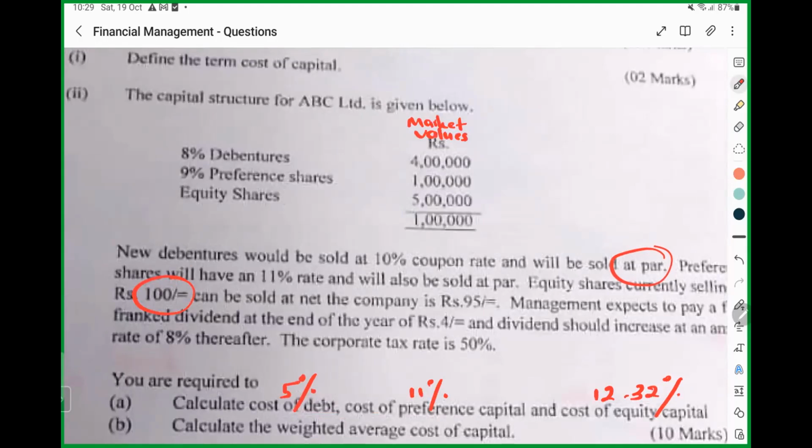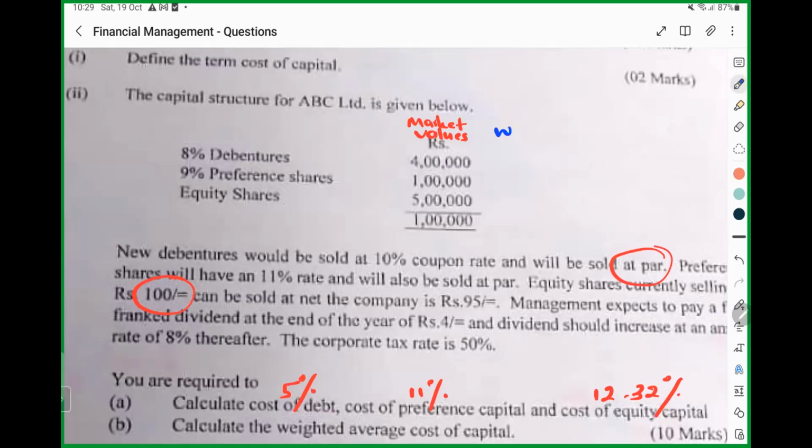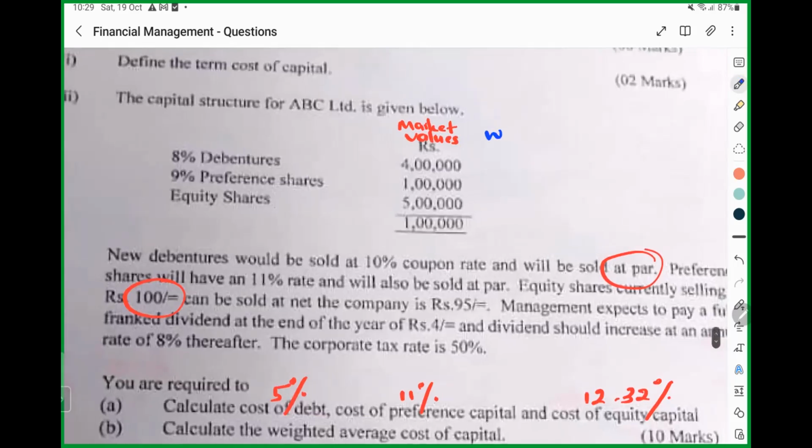Now you can calculate the investment weight, the investment proportions, W. The total is 1 million. Out of 1 million, 400,000 is debentures.